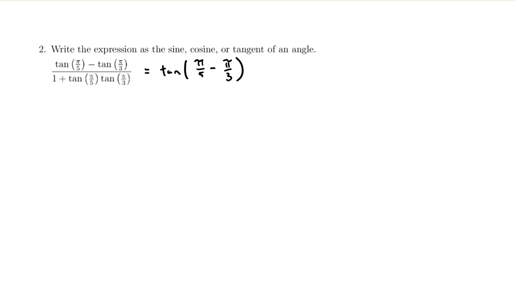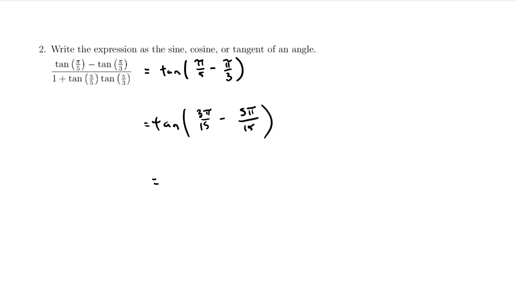Now your teacher is going to want you to combine those fractions inside of tangent. I guarantee it. You can do that by finding a common denominator. In this case, the easiest common denominator to pick out is going to be 15. So you will have 3 pi over 15 minus 5 pi over 15.